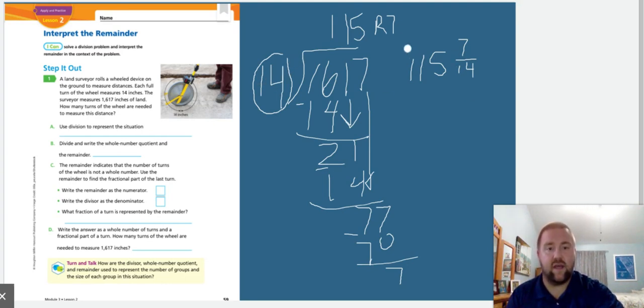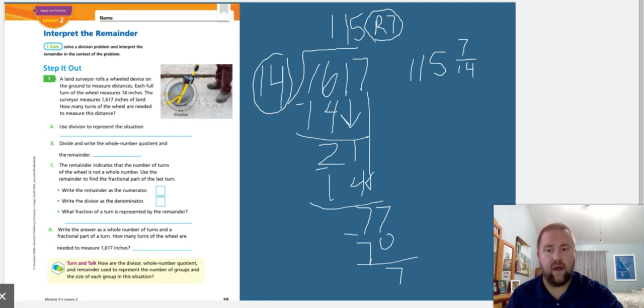So the remainder of 7 is telling us we have 7 more inches, but it takes 14 full inches for the wheel to turn completely. So we have 7 of the 14 inches that it takes for the wheel to turn completely.